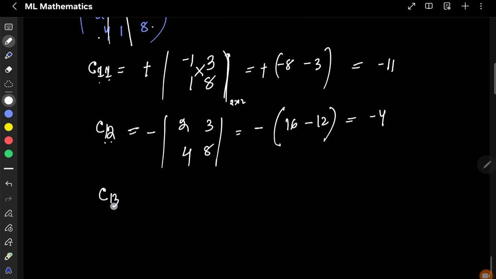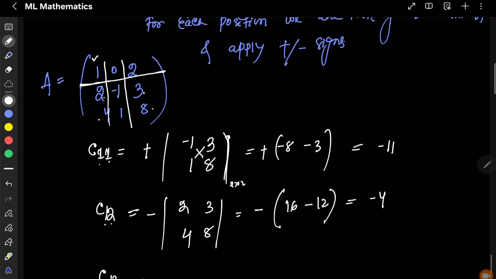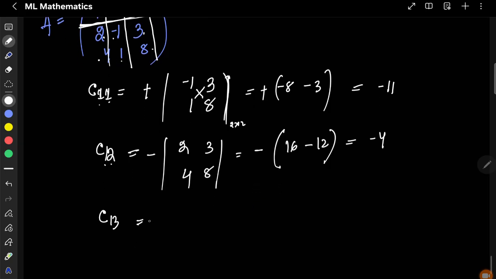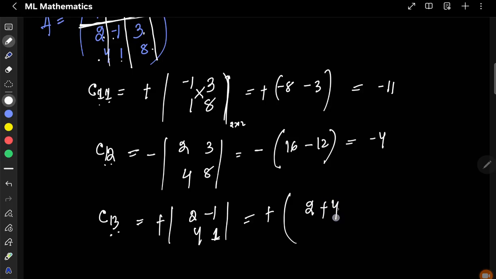Similarly C13 is nothing but this and this, so this becomes 2 1, 4 1. This is 1 plus 3 is 4, so it becomes plus, 2 minus 4 is nothing but minus 2.